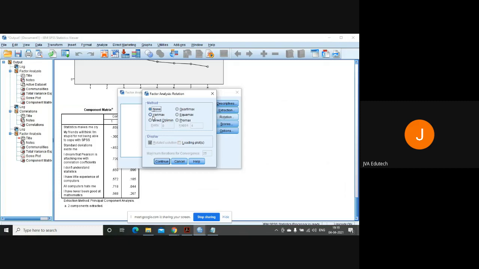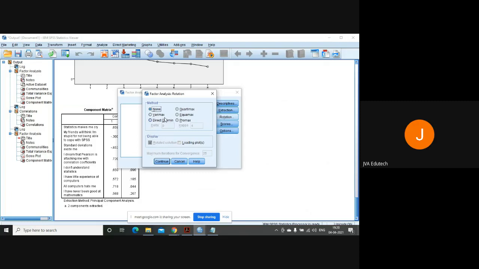Varimax rotation is a kind of orthogonal rotation. Direct Oblimin, Promax, Quartimax, Equamax, all these are a kind of oblique rotations. So the most commonly used... Please explain it again.